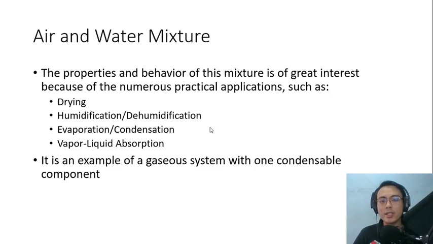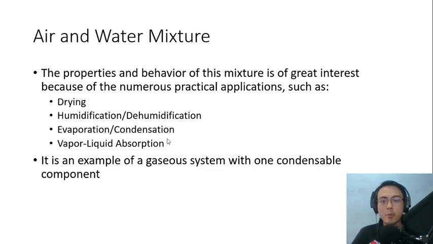So the aircon is a dehumidifier in the sense that it takes water vapor from the room that it's trying to cool, condenses it, and releases it outside as liquid water. So again, with humidifiers, air and water mixture calculations are important, as you will see later.